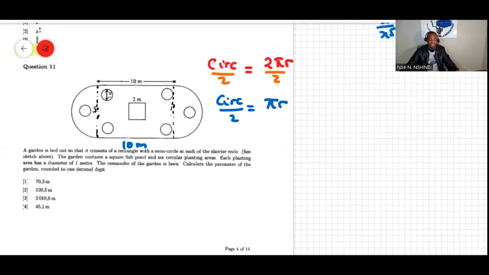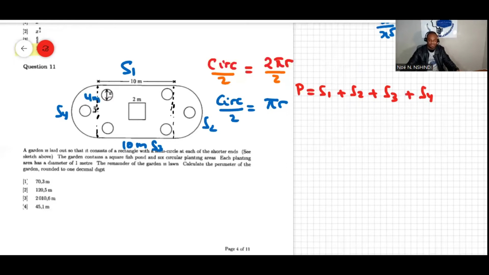So the perimeter is the sum of all the sides: side 1 plus side 2 plus side 3 plus side 4. Now side 3 and 4 are equal to pi r, and r is half of 8, because this is the diameter of the circle at 8 meters long. The radius must be 4 meters.